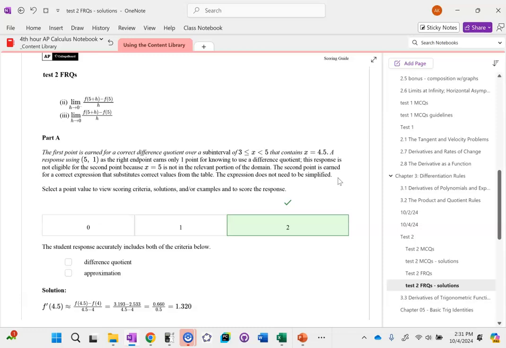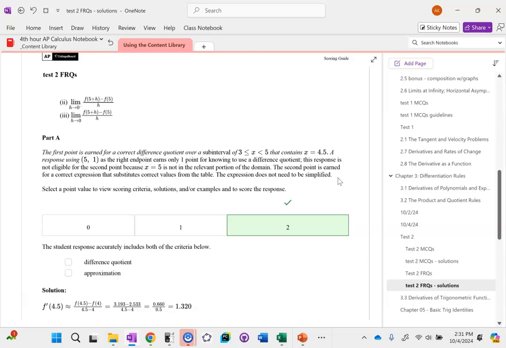Unless it's the calculator section where they expect you to just be able to type something into your calculator and press enter. Or on a no calculator section, they might say set up but do not solve, and there'll be points assigned for how much of the setup you got correct.